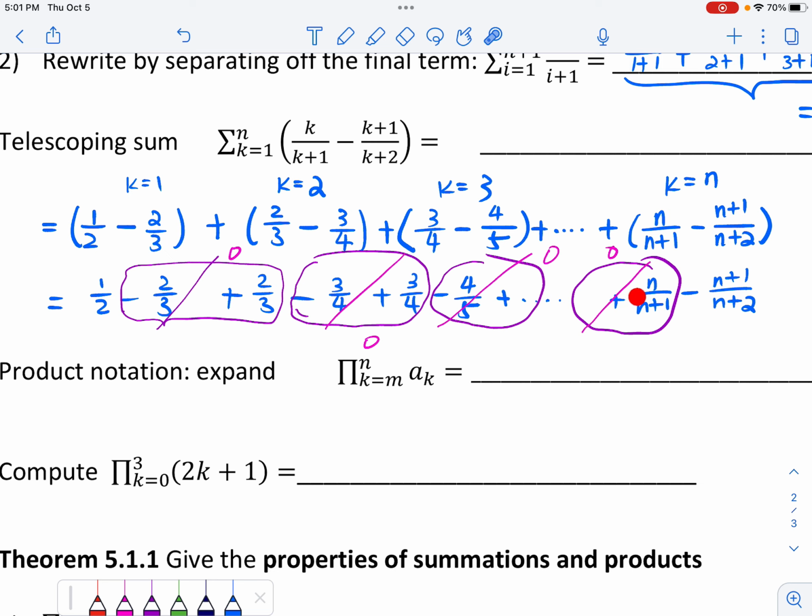That's why we call this a telescoping sum, because pirates use those telescopes, and they can collapse after they use them, right? So that's why it is called a telescoping sum. So this is equal to, at the end, 1/2 minus (n+1) over (n+2). So this can simplify to that.